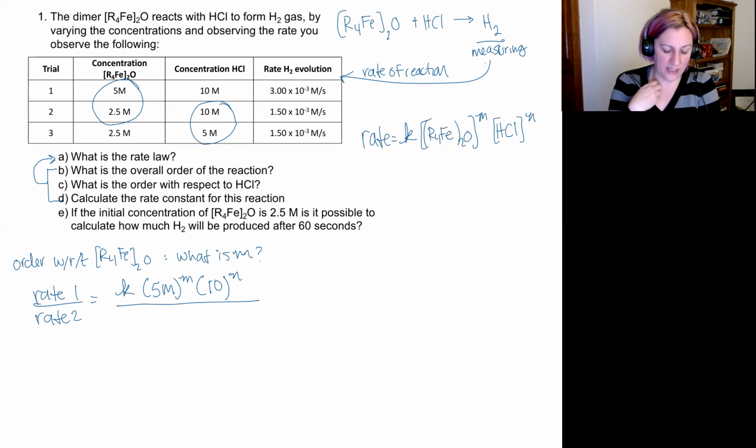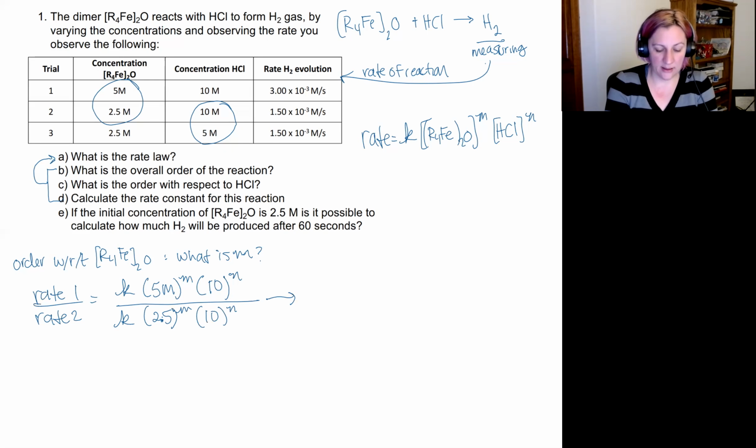For our rate 2, that's going to be looking at the K for our rate law constant. And we're going to be looking at 2.5 molar now for M. And the concentration of our hydrochloric acid doesn't change.